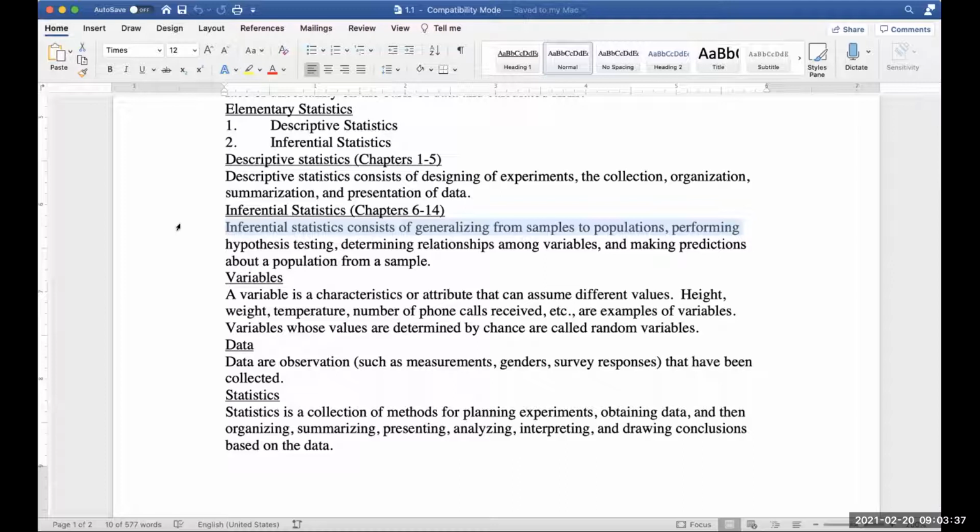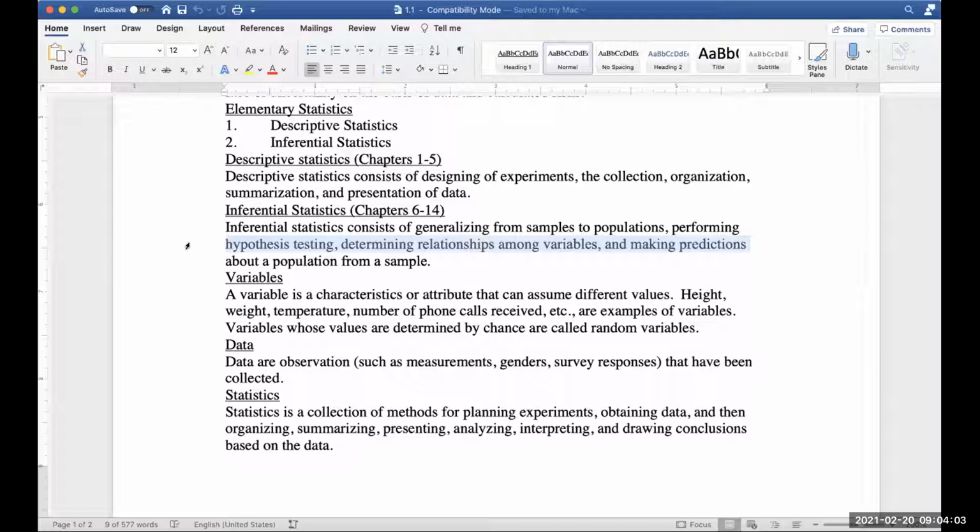We will try to determine if there are relationships between variables, and we will try to see if we can make any type of prediction about the population from data that we've collected in a sample. So this is really the important part of statistics.